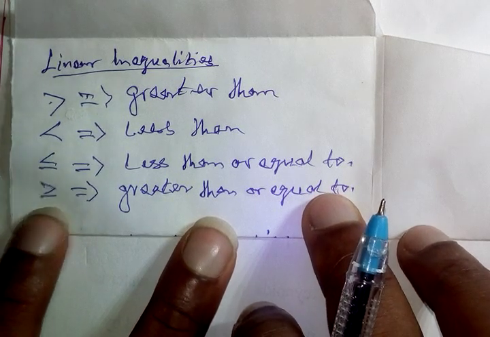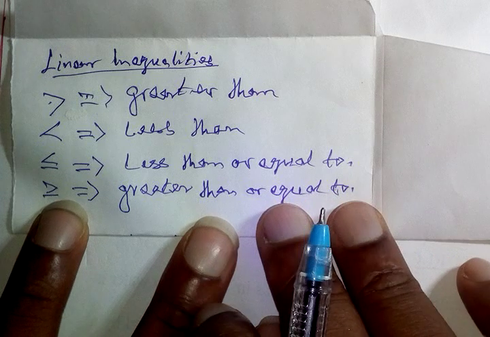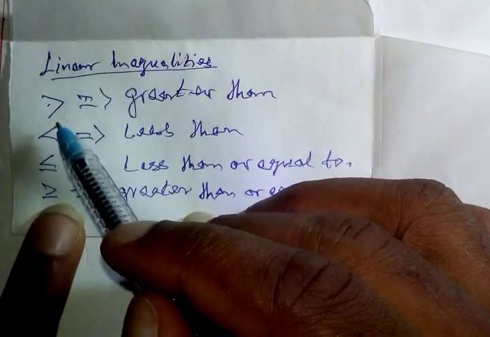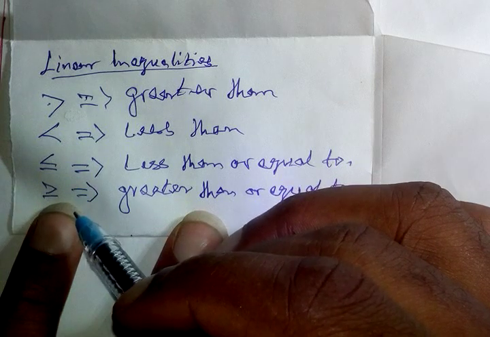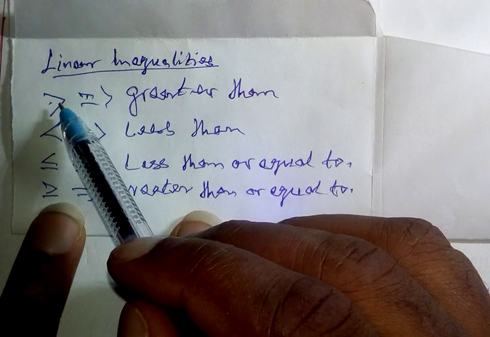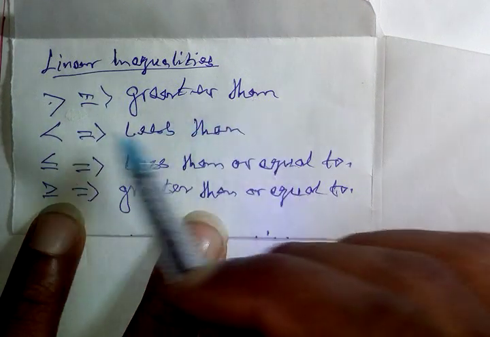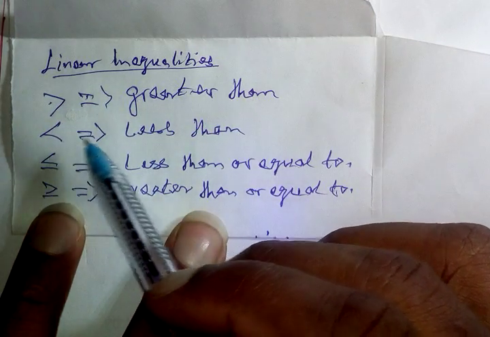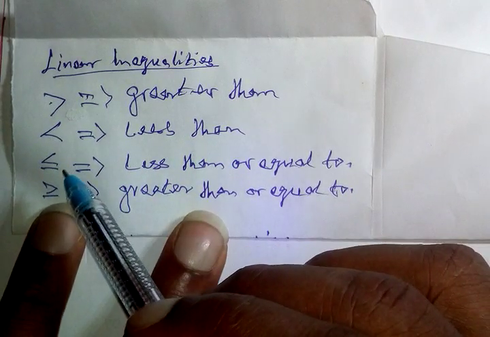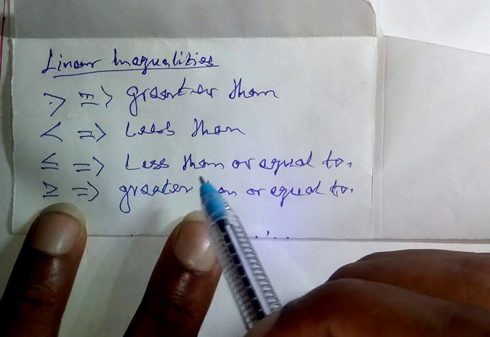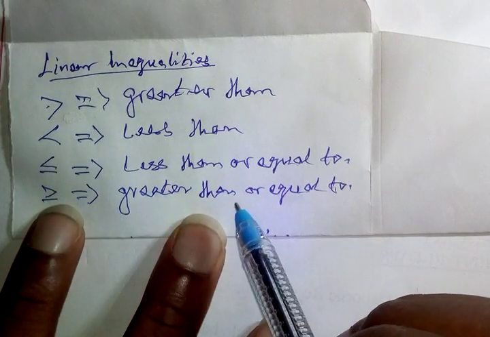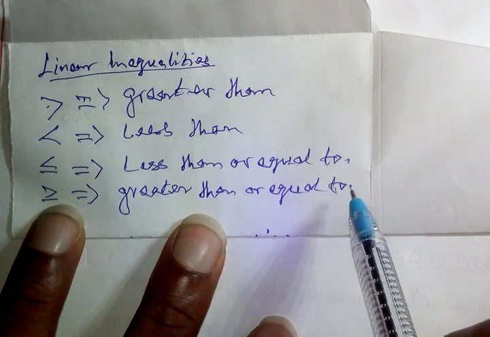Linear inequalities are linear equations that have the following symbols instead of the normal equal to symbol. The following symbols: this symbol meaning greater than, this other symbol meaning less than, this other symbol meaning less than or equal to, and this other symbol meaning greater than or equal to.